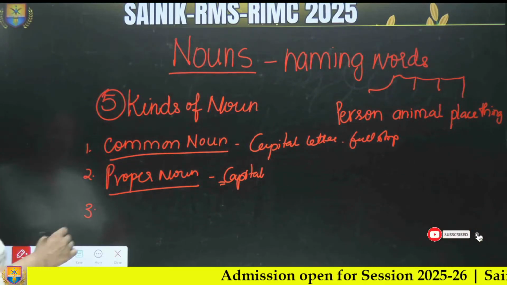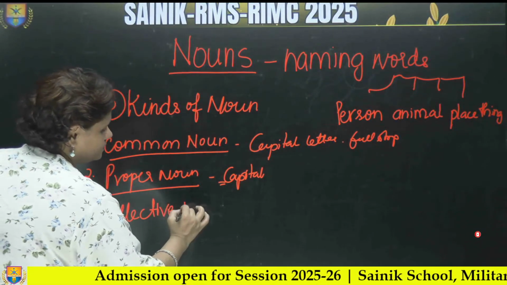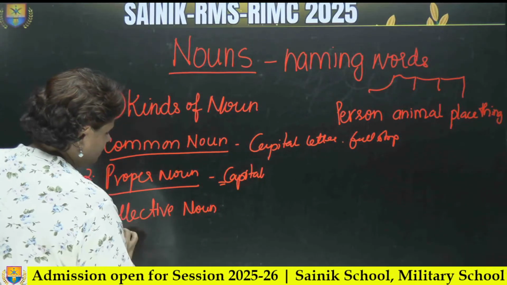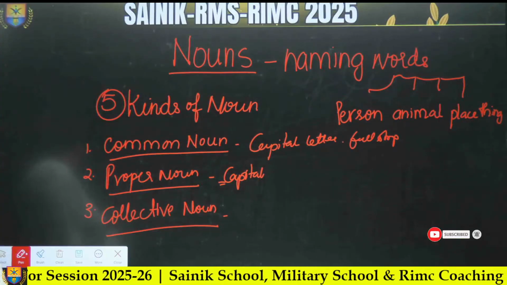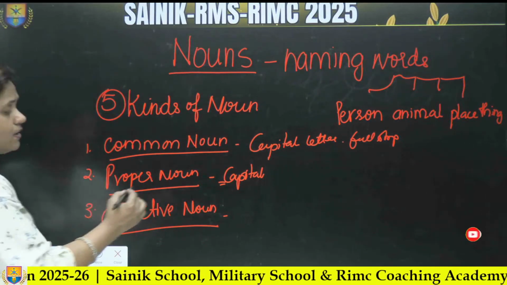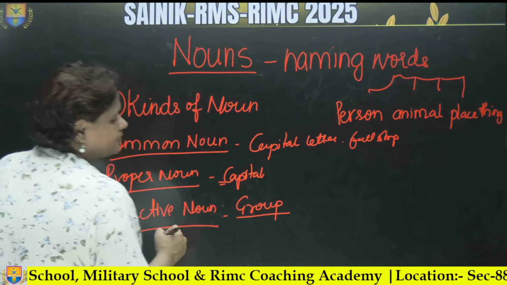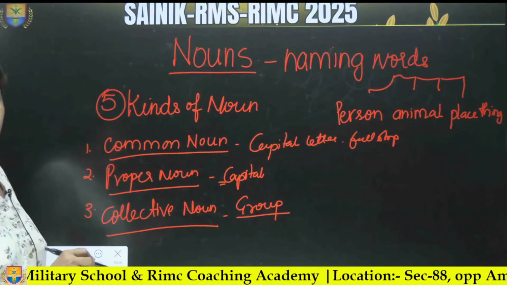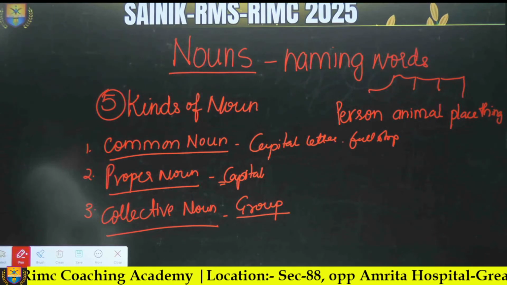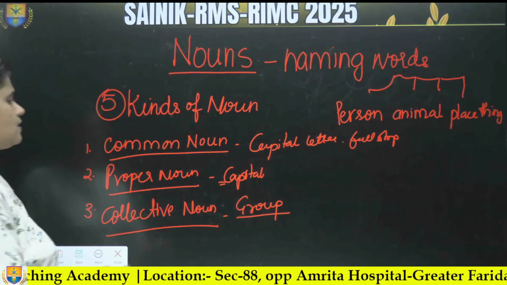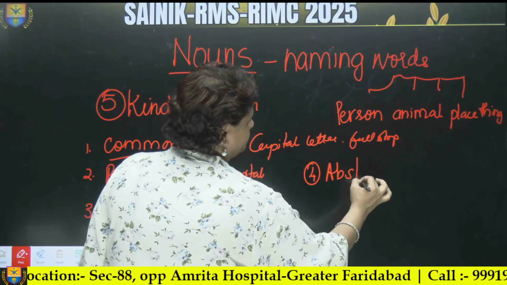Number 3, we had learnt about collective noun. What was collective noun? When we had the things, the persons, or the places all in a group. When they all stood together in a group, those groups we named as collective noun. Next, we had studied the number 4, abstract noun.